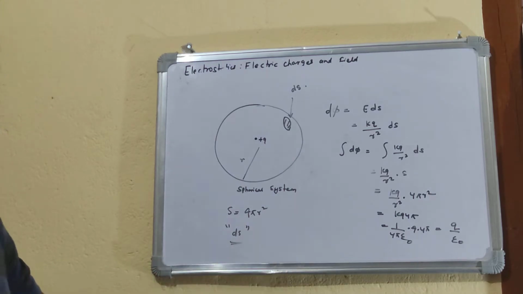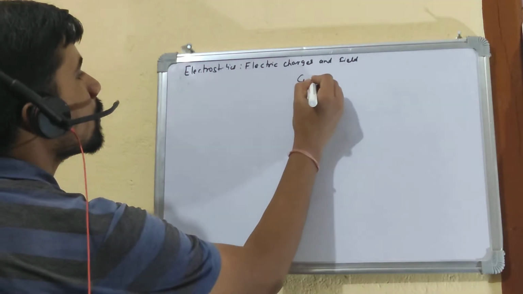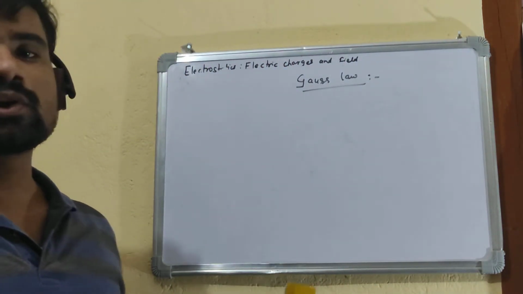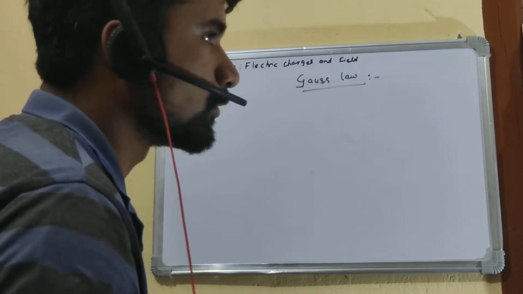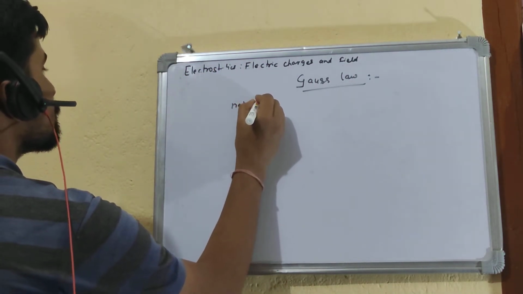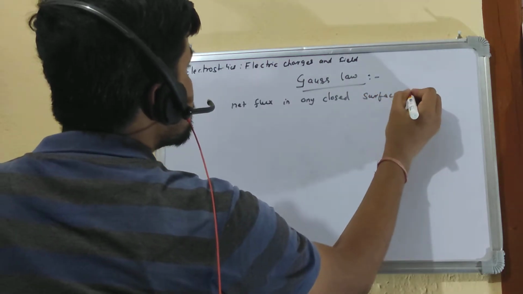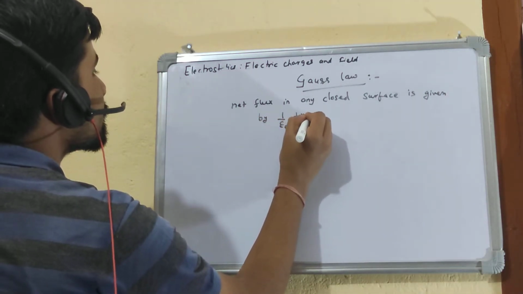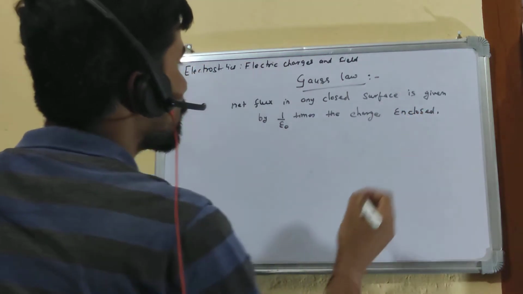Now this is the basis of a law called Gauss law. Gauss law basically says that the net flux through any closed surface is given by 1 by epsilon naught times the charge enclosed by that surface.